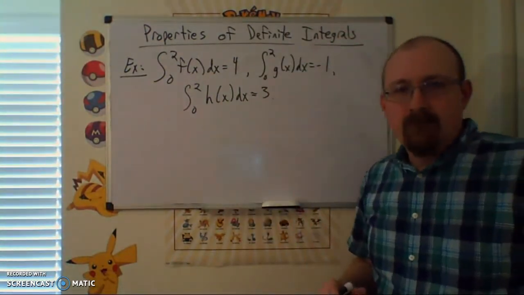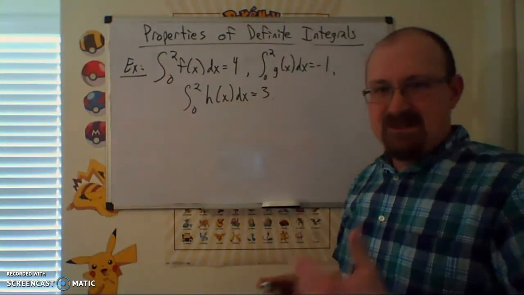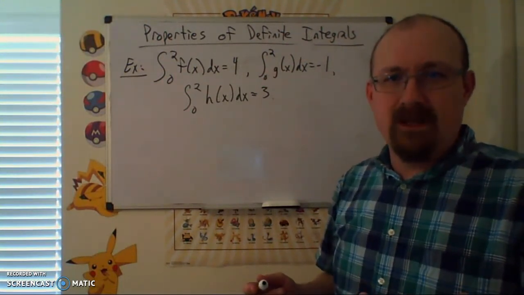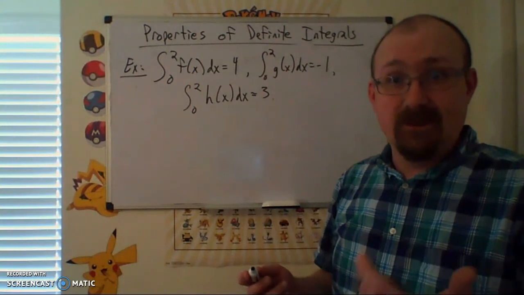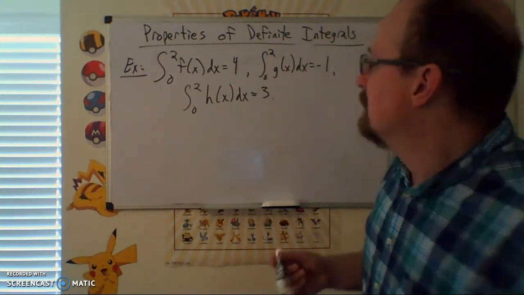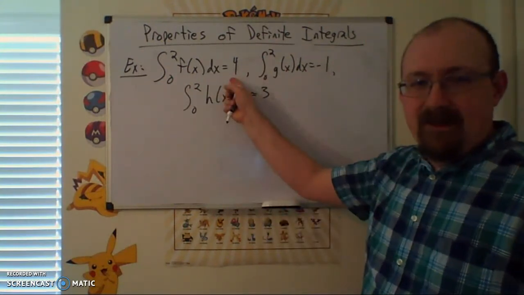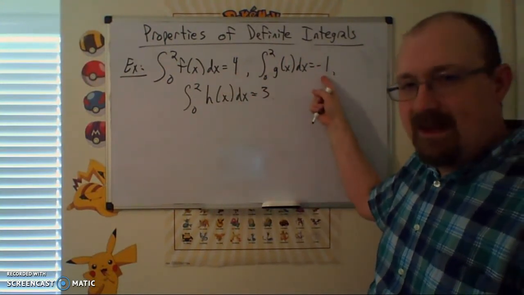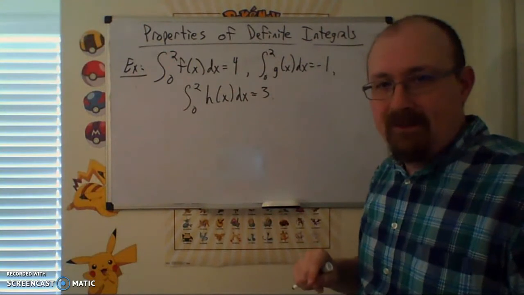We've cranked out values for these by interpreting areas or something else, if we don't get distracted by thinking we saw Elvis. So the value of the definite integral of f from 0 to 2 is 4. For g of x, we get -1. We get 3 for h of x.